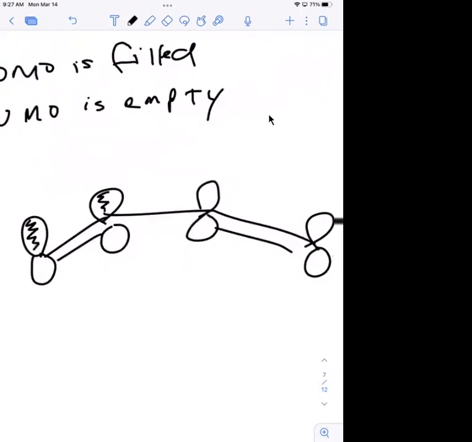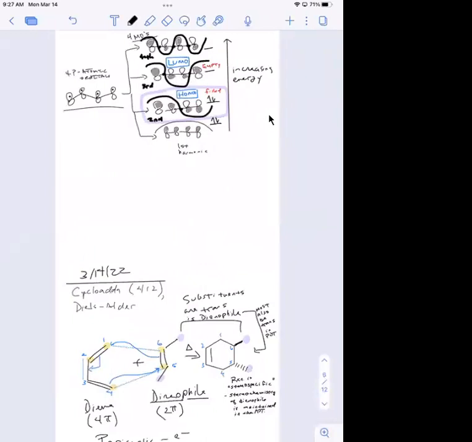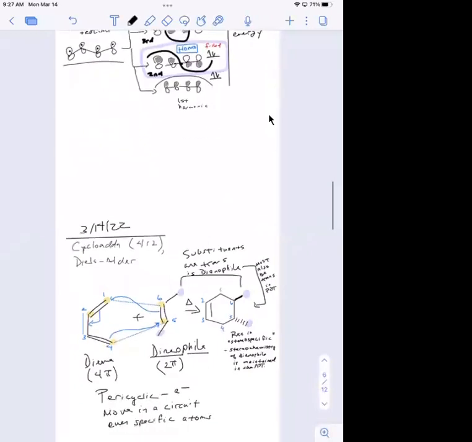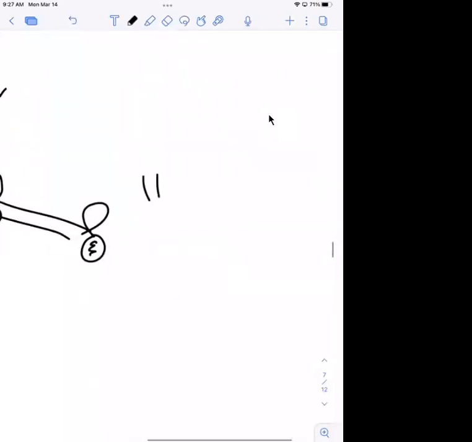I'm going to shade these, because if you look at the HOMO, you can see that there's one node between and it's symmetrical. So you've got two p orbitals on the left, two on the right, and the sign changes because of that one node. So this is what the HOMO looks like. Everybody agree with that? Anybody disagree? I agree. All right, so this is the HOMO of the diene.